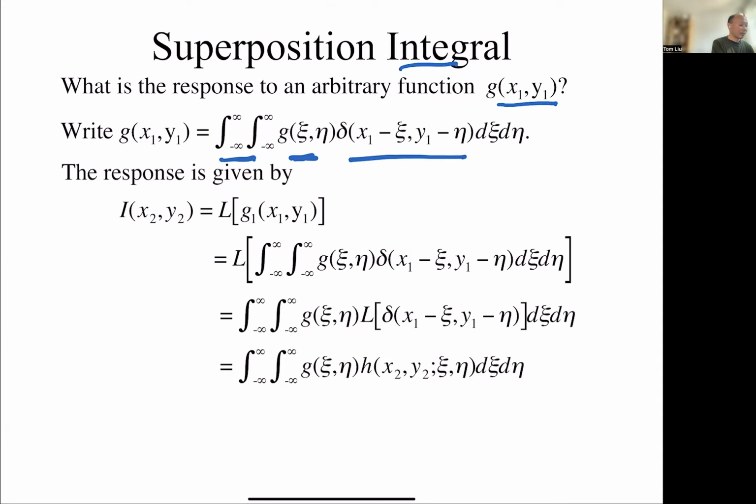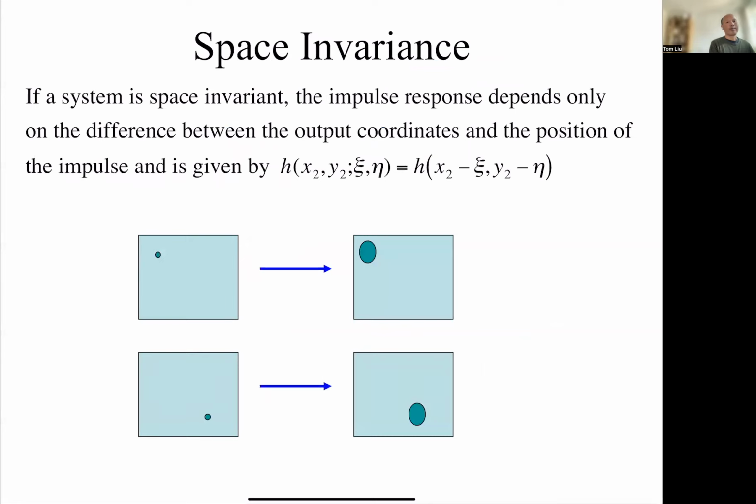And the response is going to be given by this double integral of these impulse responses multiplied by those weights. So once again, our response is just a sum of impulse responses, and now it's in 2D and in integral form. So that's really applying linearity. So linearity allows us to apply superposition.